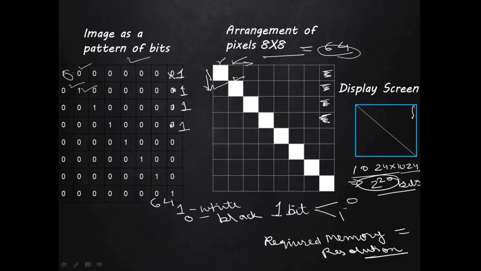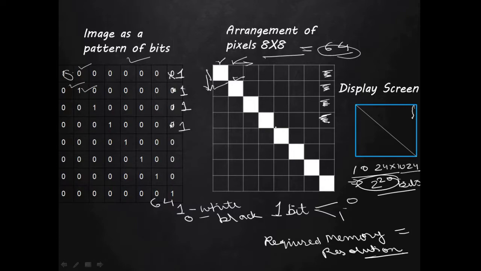But still one question is there: we are displaying only a black and white image. This is very boring, we want to display a colored image, and store the image in memory in the form of colors. So we have to store the information about color also.